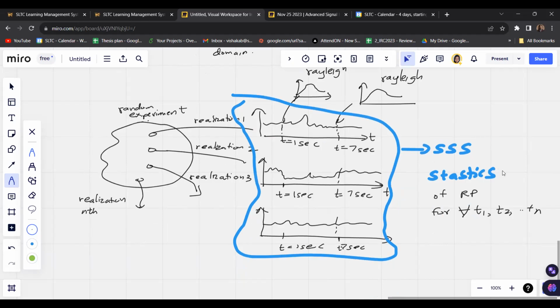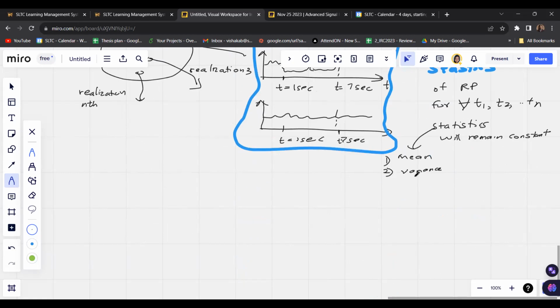Statistics will remain constant. So if you can't understand, you can ask. So what are the statistics? The statistics that we consider here are basically the mean, let's say, variance. Then we have autocorrelation.